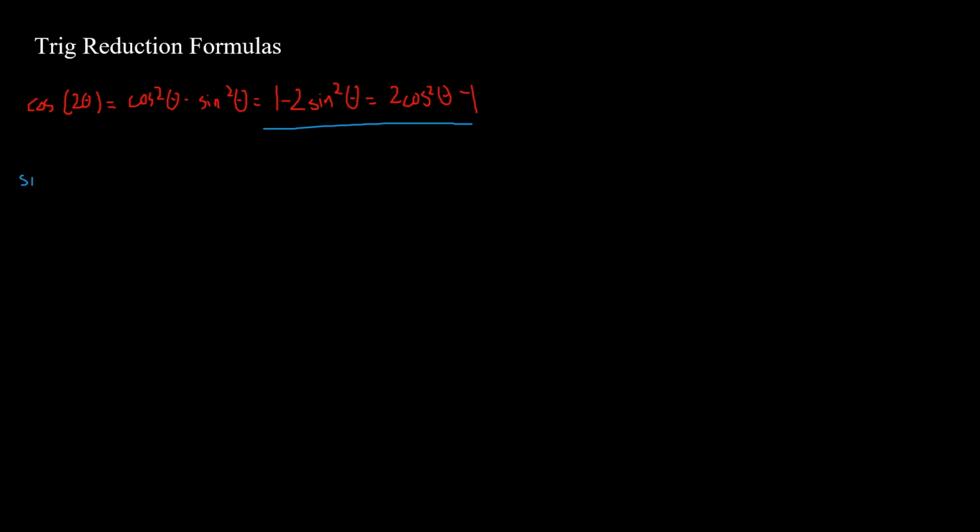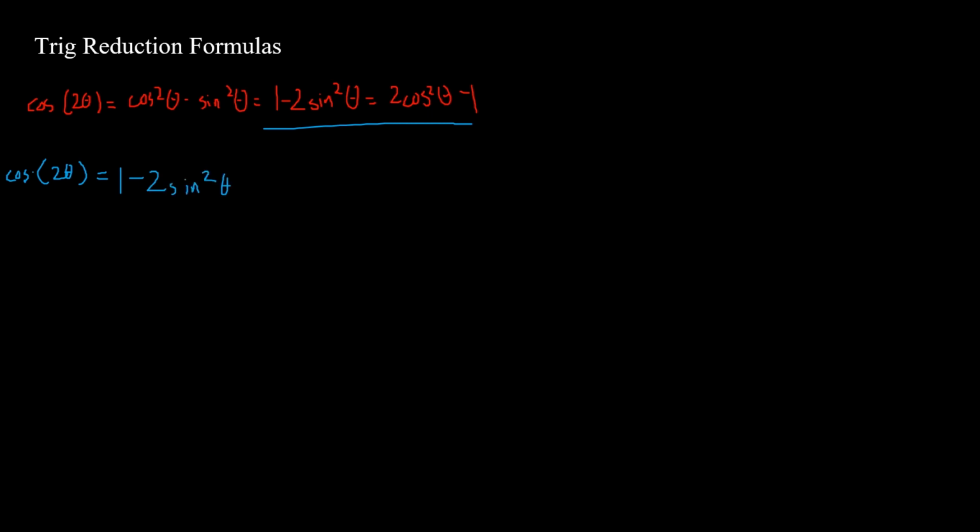So we know that cosine of 2 theta is going to be equal to 1 minus 2 sine squared theta.